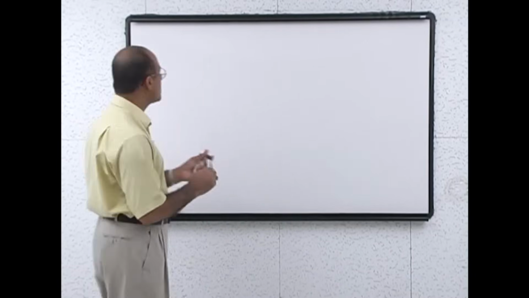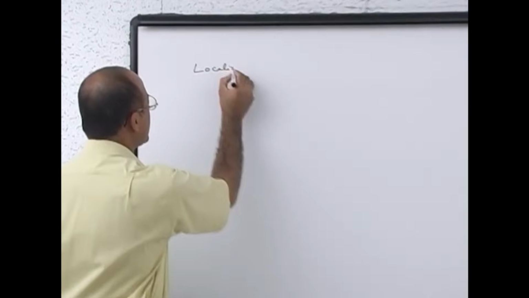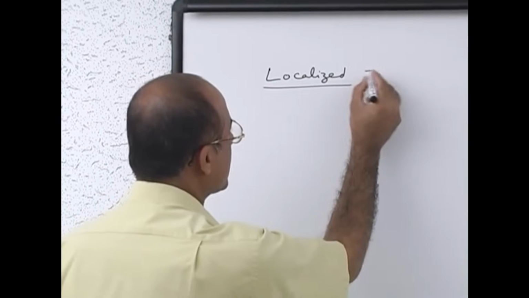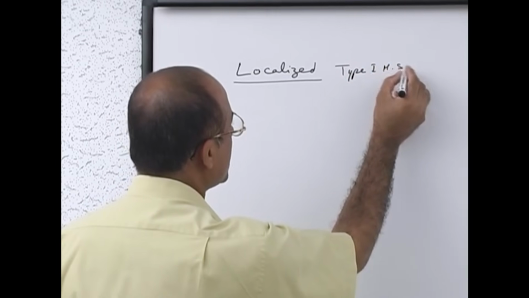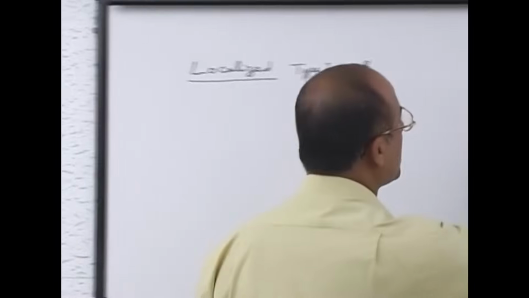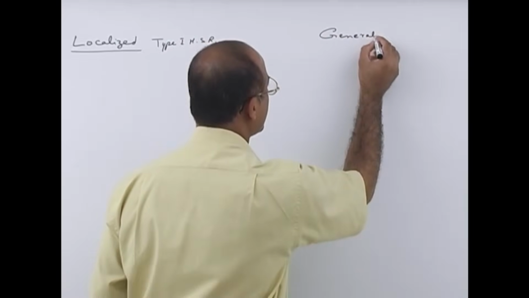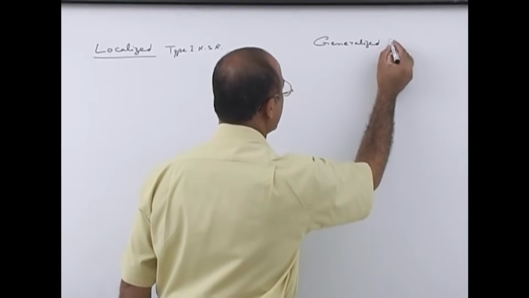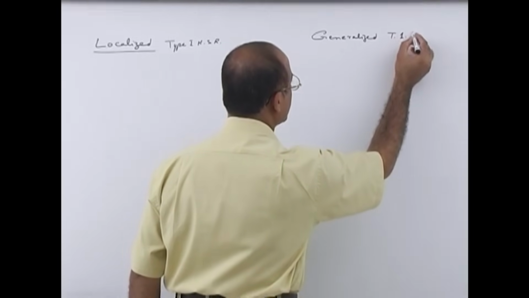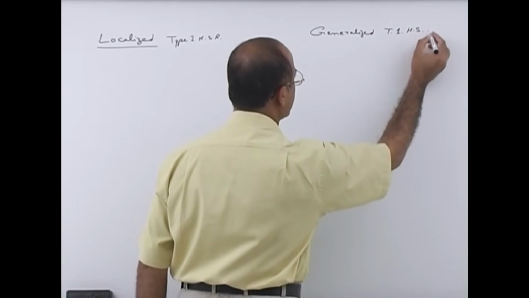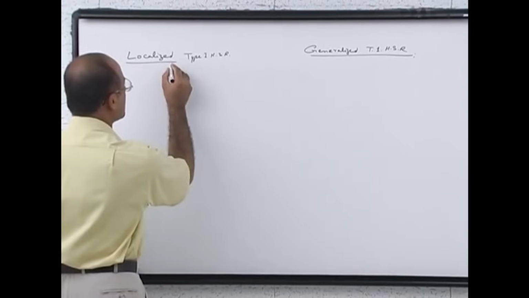Some hypersensitivity reactions are localized hypersensitivity reaction, localized type 1 hypersensitivity reaction, and some people develop generalized type 1 hypersensitivity reactions, and some unfortunate people develop both types.